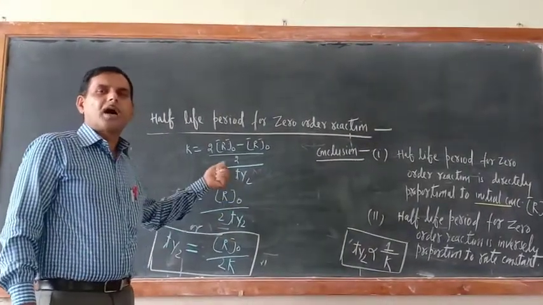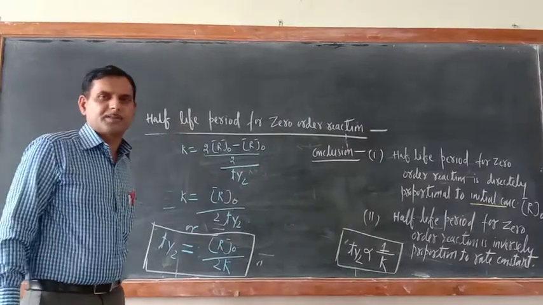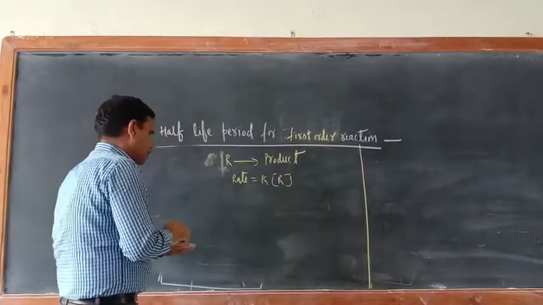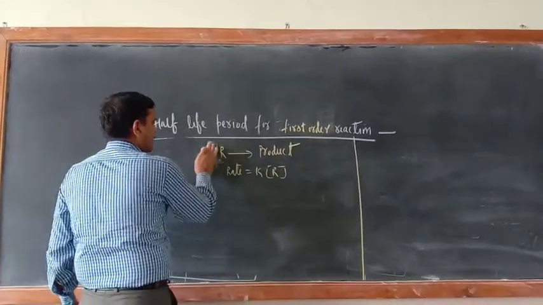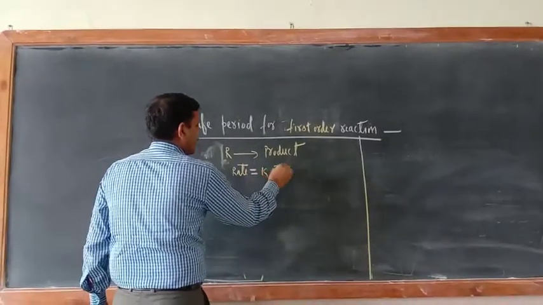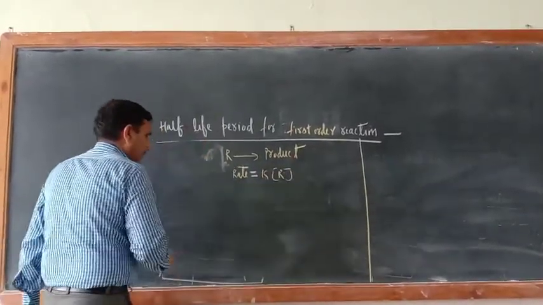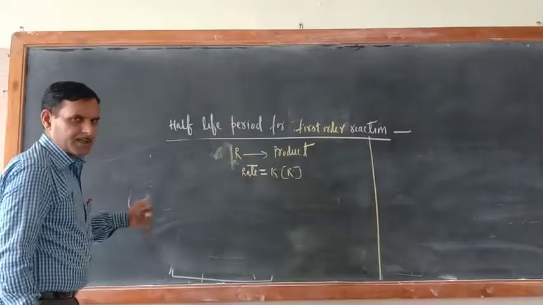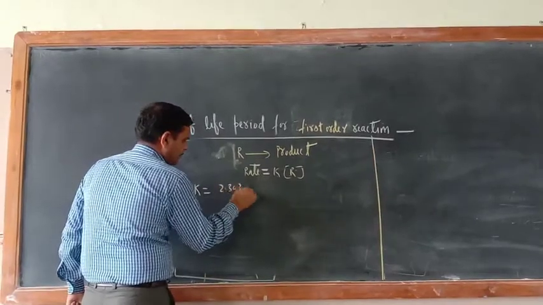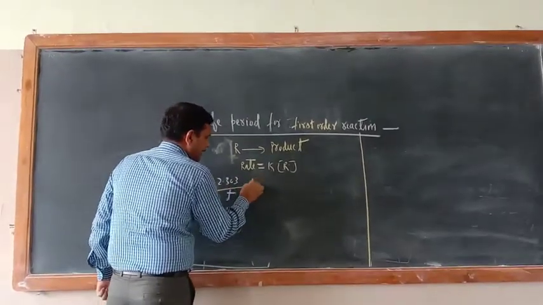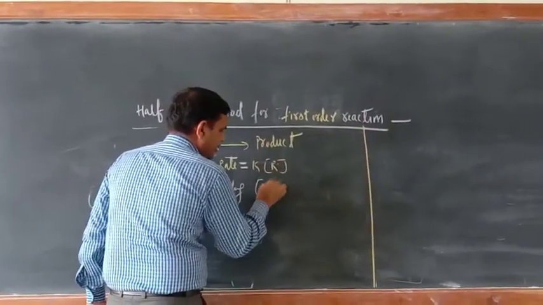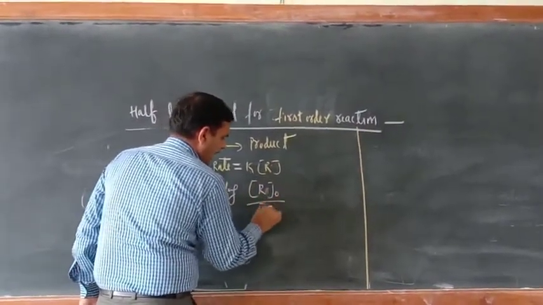Now half-life period for first order reaction. So half-life period for first order reaction, rate equal to kr. And now what is the integrated rate equation for the first order reaction? k equal to 2.303 divided by t, log r0 by r.